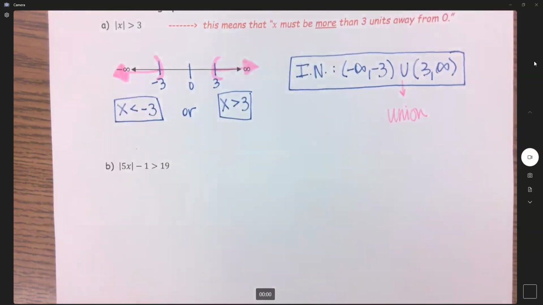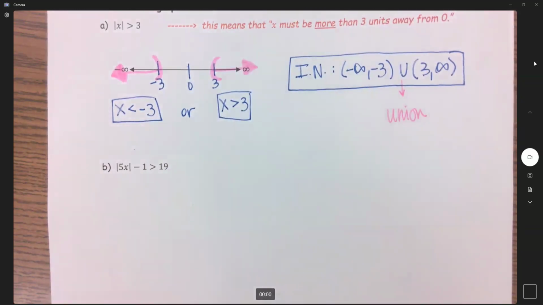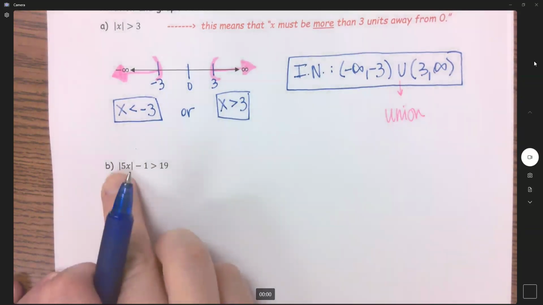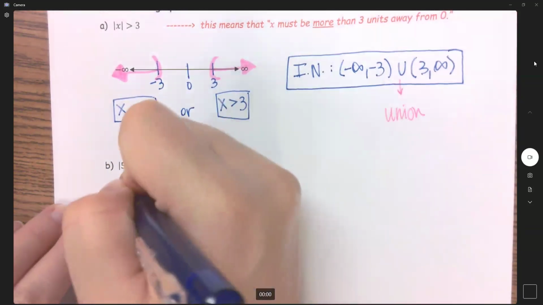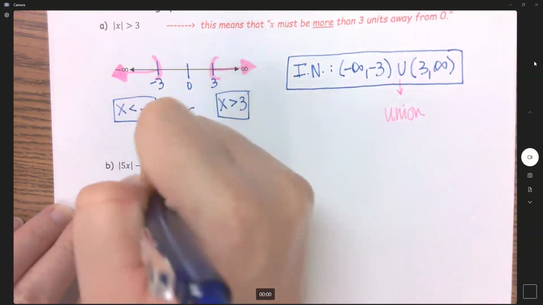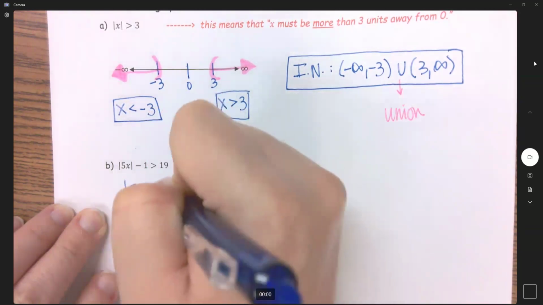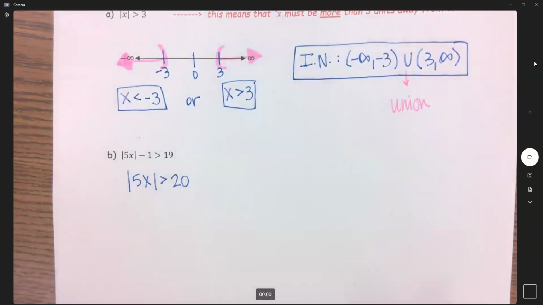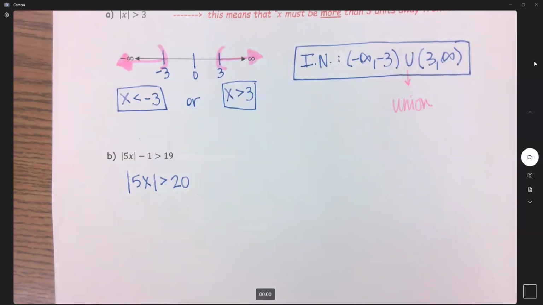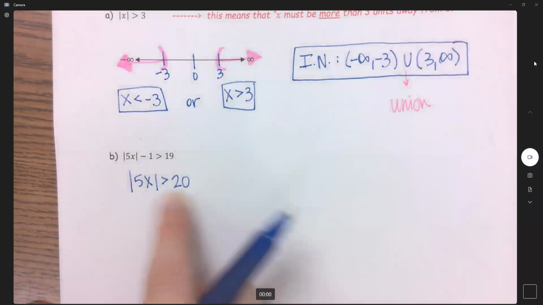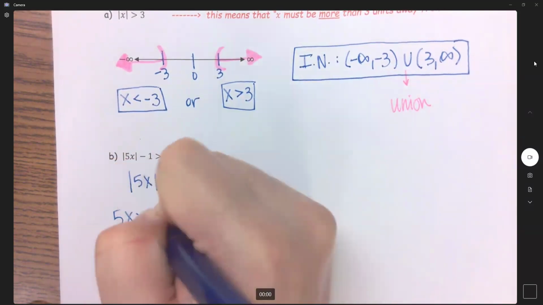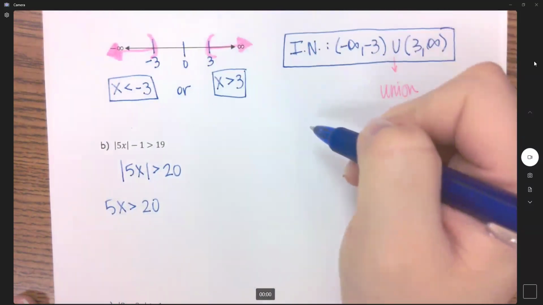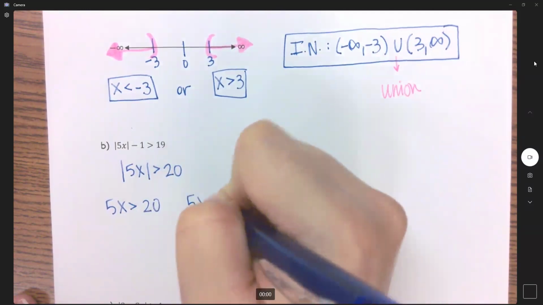So on B, what do I do first? Hopefully you can see that my absolute value is not isolated here. So I need to add that 1 over. And so I'm going to get the absolute value of 5x is greater than 20. Now I can write my two inequalities. The first one looks exactly like this without the bars. So we have 5x is greater than 20. And then my second one, that 5x still comes out.